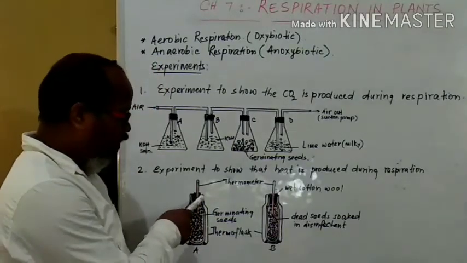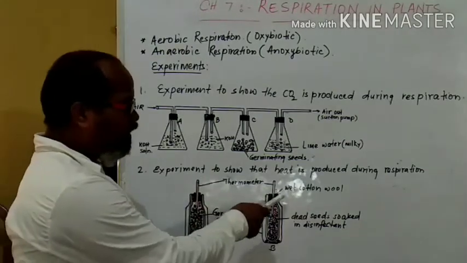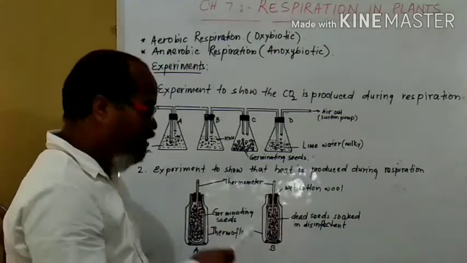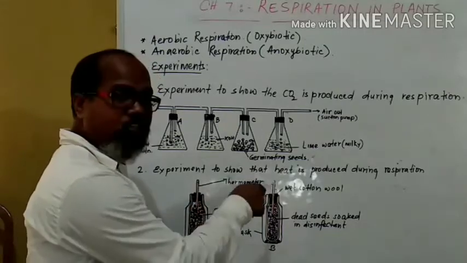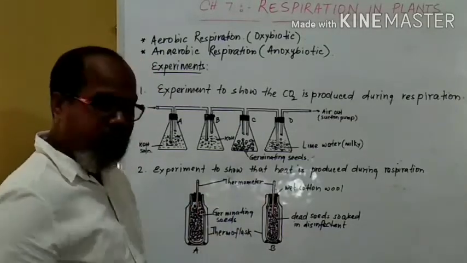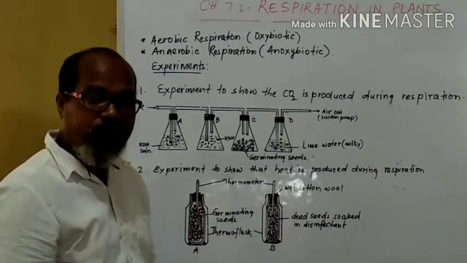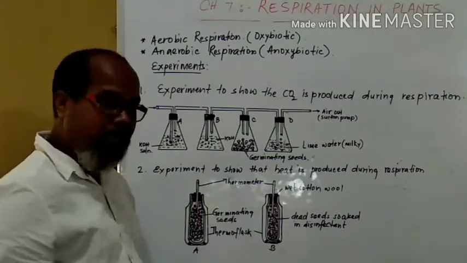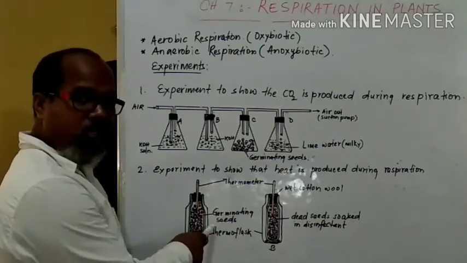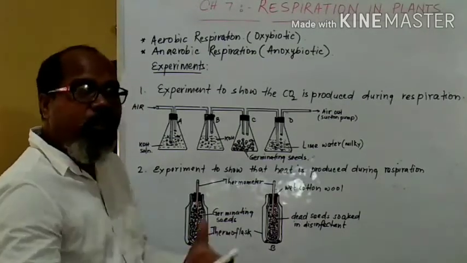The top opening of the flask is covered by wet cotton wool, and thermometers are fixed to the mouth of the flask. Now after some time, what will happen when we leave this experimental setup? These seeds which are living and germinating, they respire.